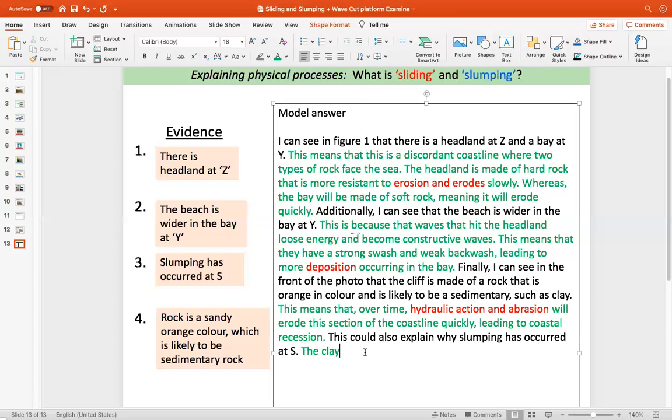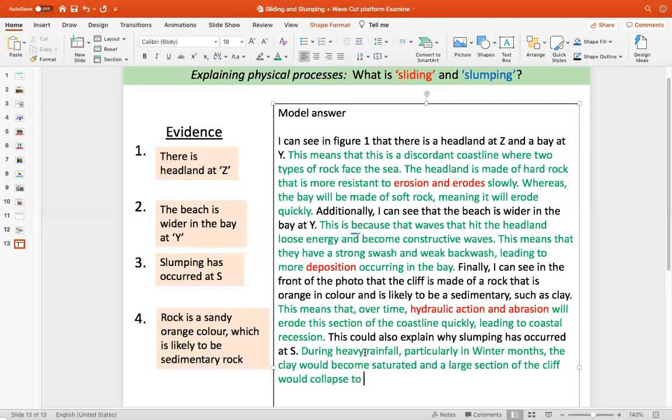The clay, during heavy rainfall, particularly in winter months, would become saturated and a large section of the cliff would collapse due to gravity.